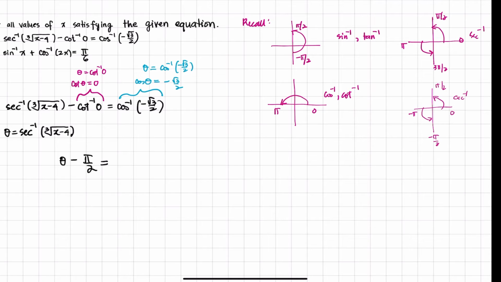So, anong theta between 0 to pi will give you a cosine of negative square root of 3 over 2? Negative yung cosine, so malamang yung theta mo nasa quadrant 2. It's a multiple of pi over 6. So, it's 5 pi over 6. Okay?